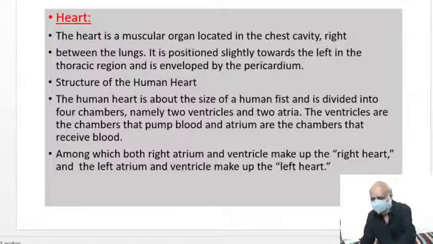You must read the slide and details about the heart. I will explain it in my next slide.